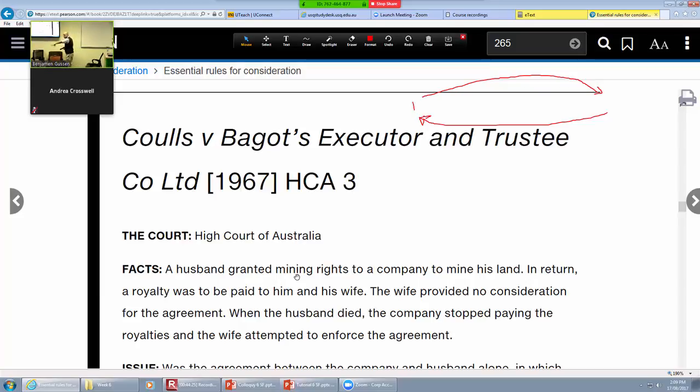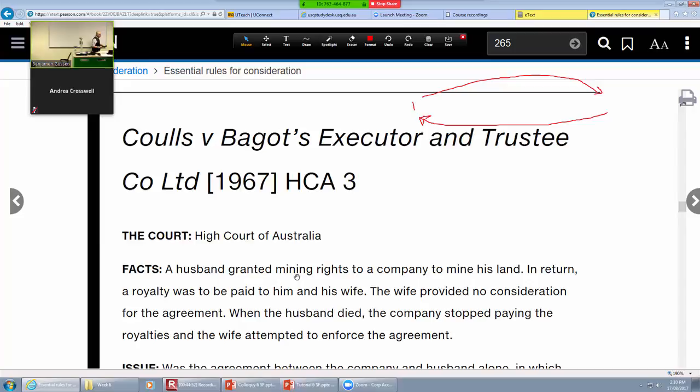He has a land. Company wants to mine. He said, yes, here is rights, go ahead and mine. And in exchange, in return, a royalty was to be paid to whom? To him and his wife. Who owns the land? The husband. Who's getting the money, the royalty? The husband and the wife.